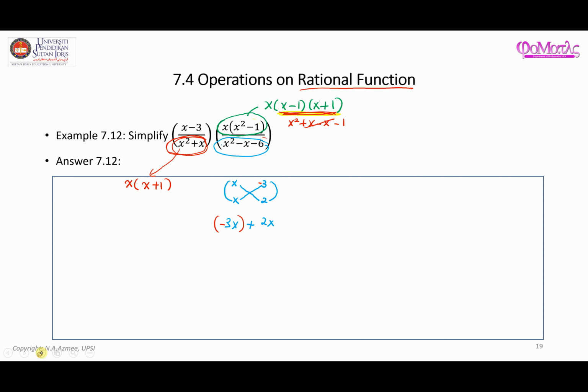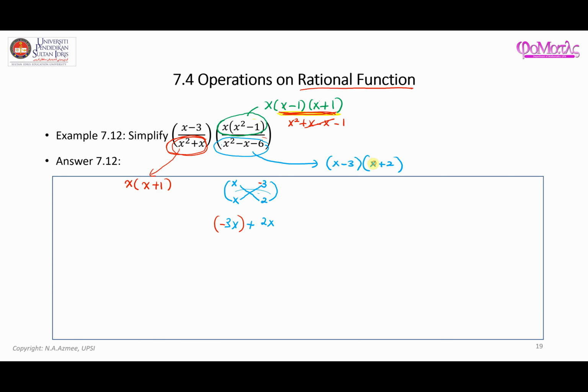So now this term here can be written as x minus 3 and x plus 2. And if you are unsure whether it is correct or not, you are always more than welcome to try and expand these two terms.